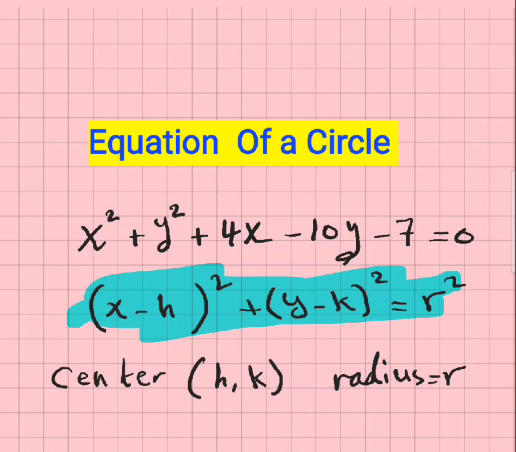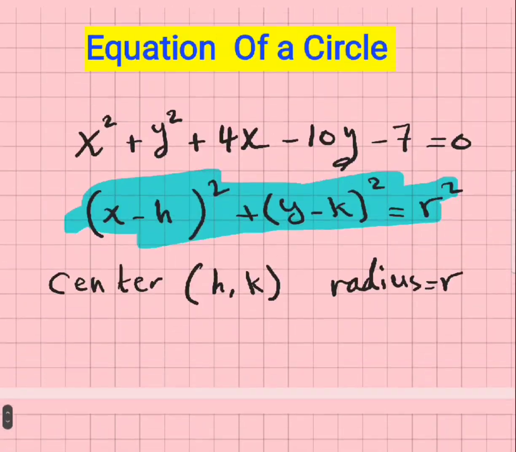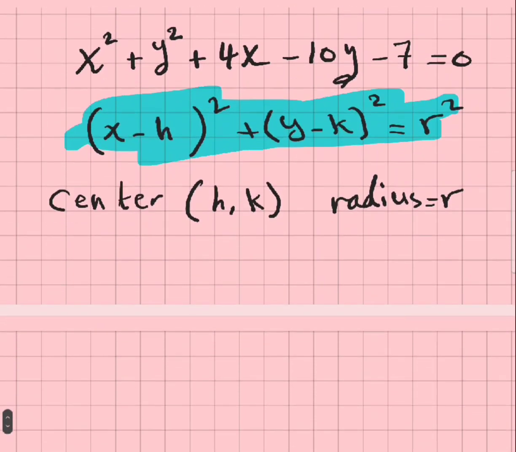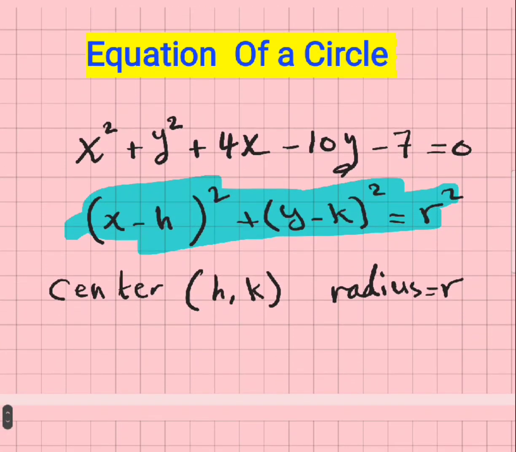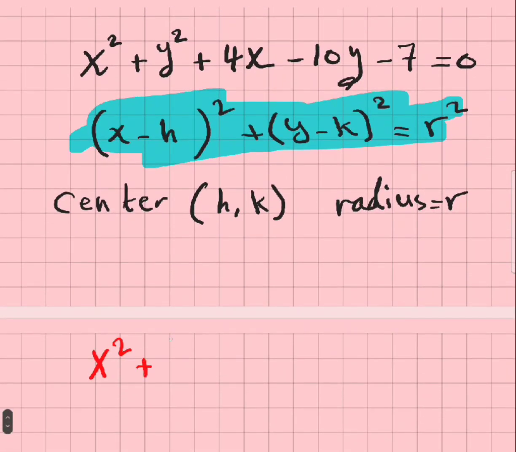There's a process we started the class with, which we call completing the square, and notice we're going to have to do it twice. So x squared plus 4x plus y squared minus 10y minus 7 equals 0.